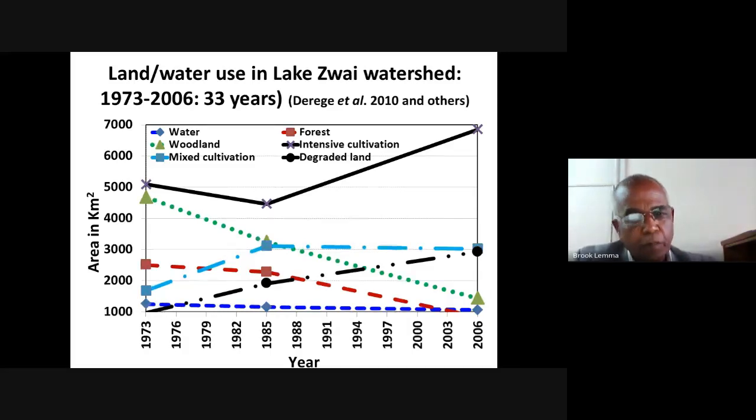And the water, the blue dashed line, was also decreasing, but to a very small extent. Maybe I will explain this later on. And the forests have also been decreasing. So cultivation is expanding, settlement is expanding at the expense of the forests, the water surface, and the woodland.